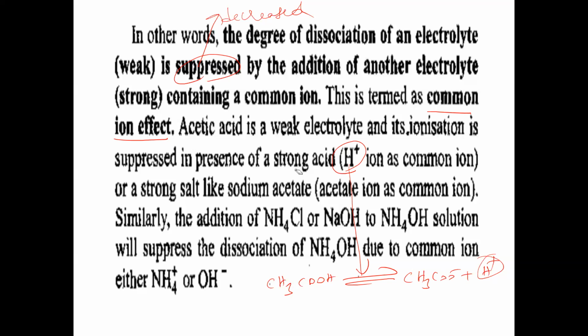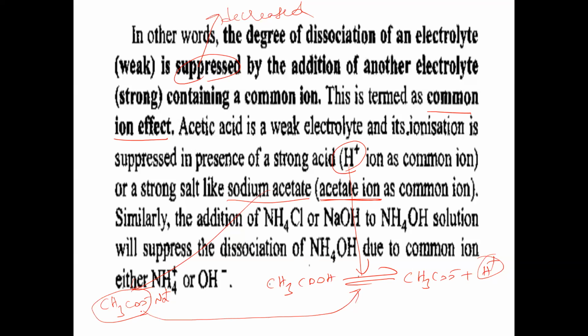Now suppose we add a salt like sodium acetate. Sodium acetate has what? Acetate ion. The formula is CH3COO minus Na plus. Here CH3COO minus is added.